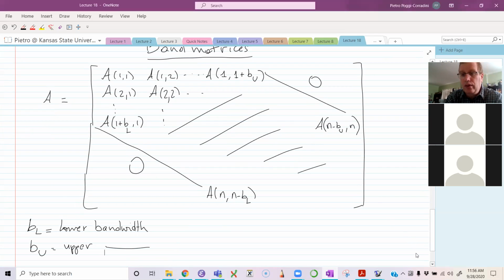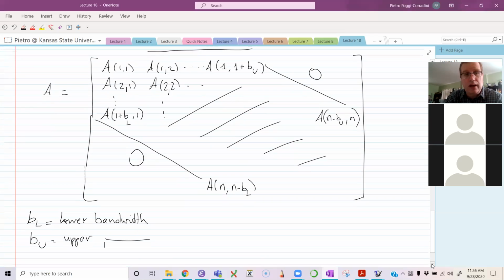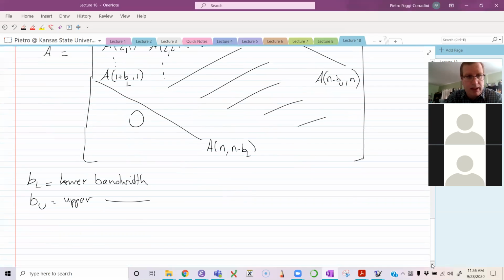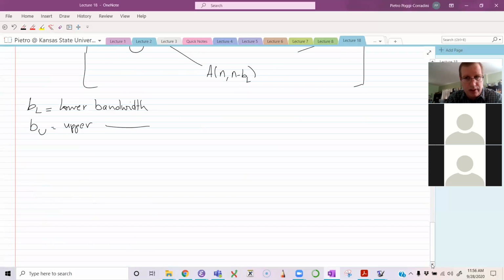All right, so in this case, there are some nice properties for band matrices in terms of Gaussian elimination, as you can expect.